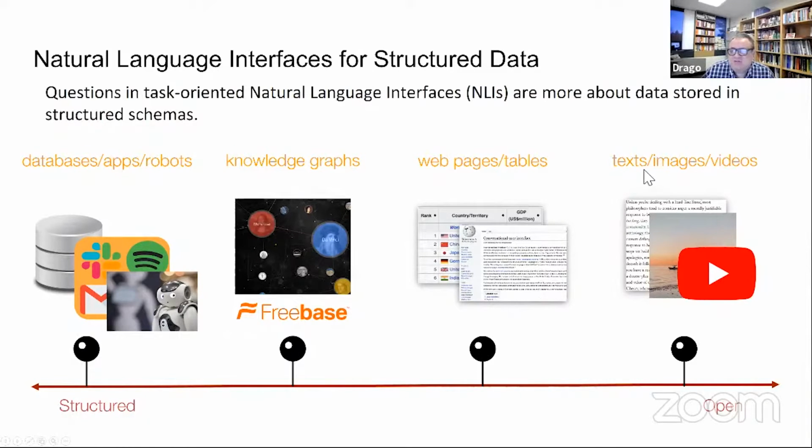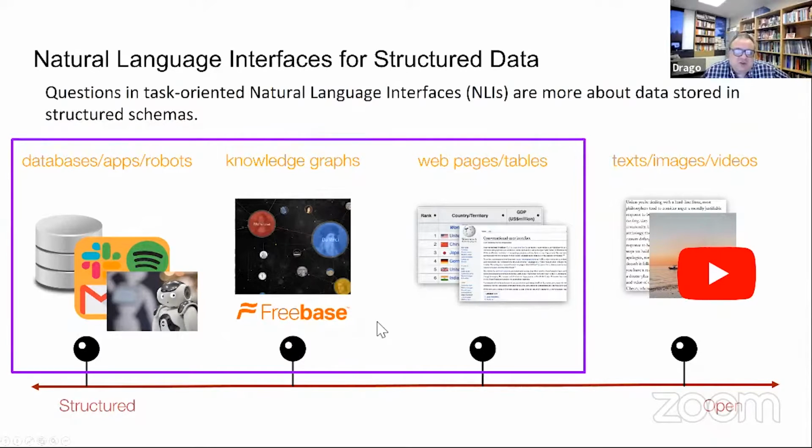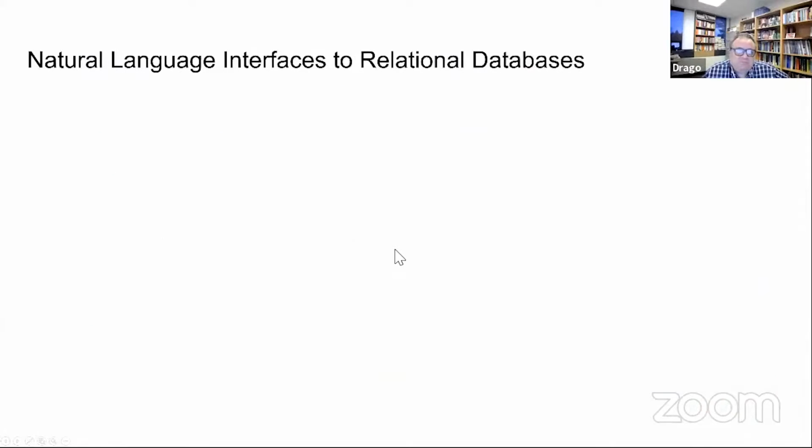And then finally, it can be something completely unstructured like text and images and videos. There has been a lot of interesting work in NLP for each of those different genres of text. Today, I'm going to focus more on the things on the left, so the first 3 of those, and I'm going to show you how we have designed several systems and several interesting data sets that can handle interesting problems for each of those 3 types of data.